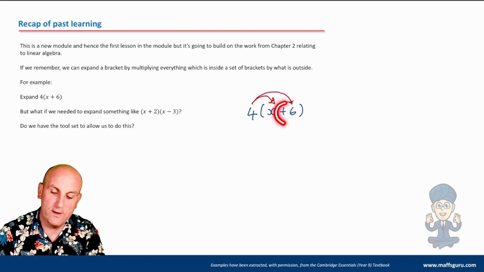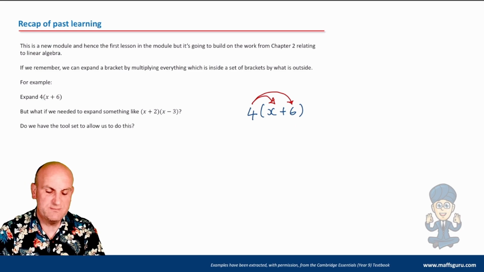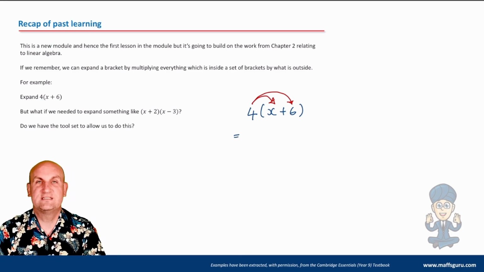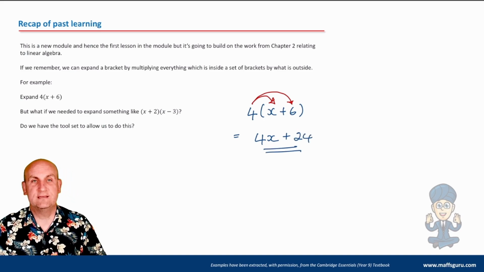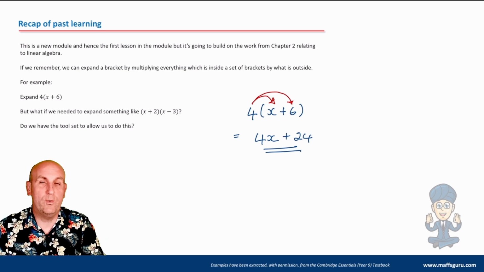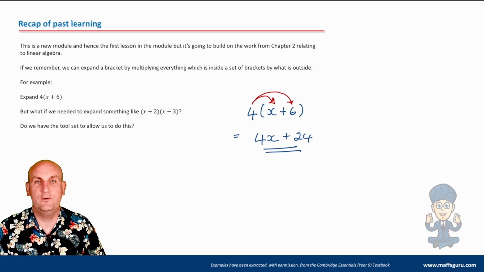And you'll notice I always say plus 6. It becomes important a little bit later on. Now, if I was going to expand the brackets, well, 4 times x is 4x and 4 times plus 6 will give me plus 24. And I've expanded a set of brackets. Brilliant. And what you do there works for pretty much everything we do.